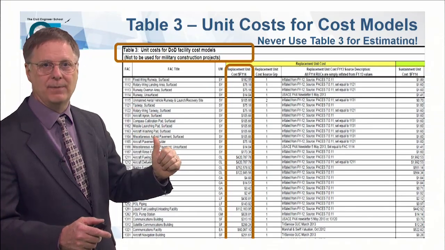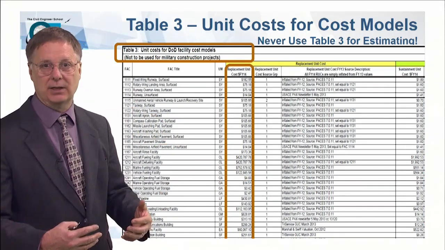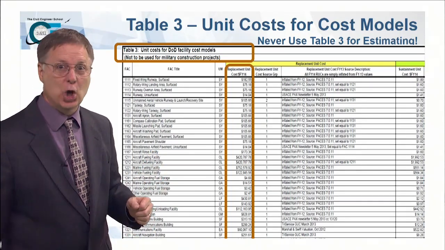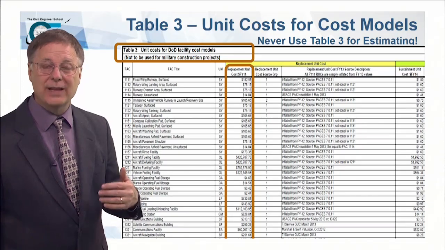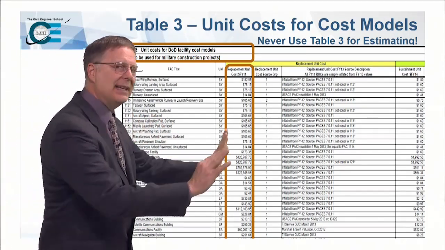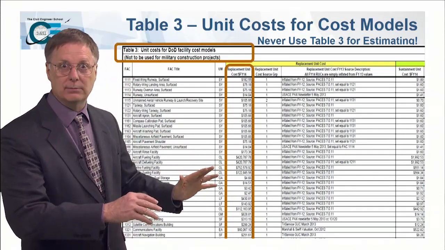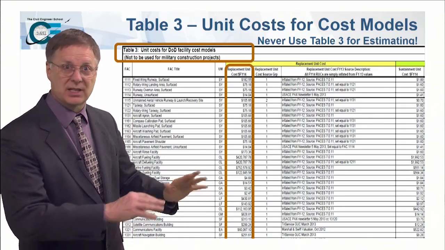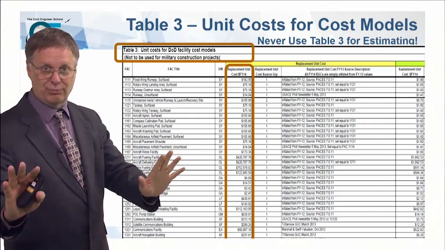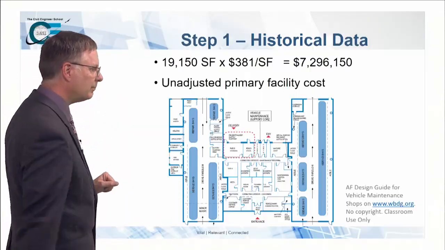They're wrong. These are low because they don't include everything in that facility. They just include what they call capitalized costs, the things that are recoverable costs in a facility. So the key thing to remember is never use the dreaded evil table 3. It's not for estimating purposes. It's not for what we do, and it says so right up there. Just so hopefully everybody's on board with this. Stay away from the evil table 3.